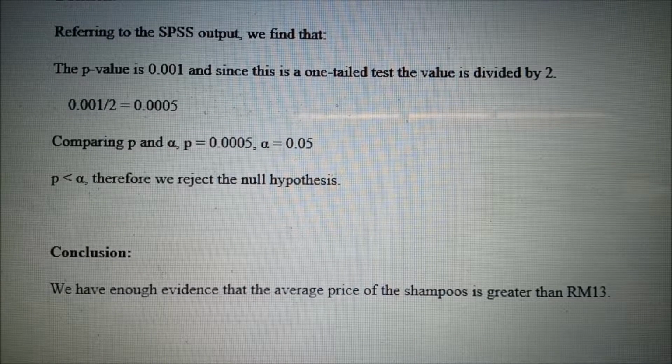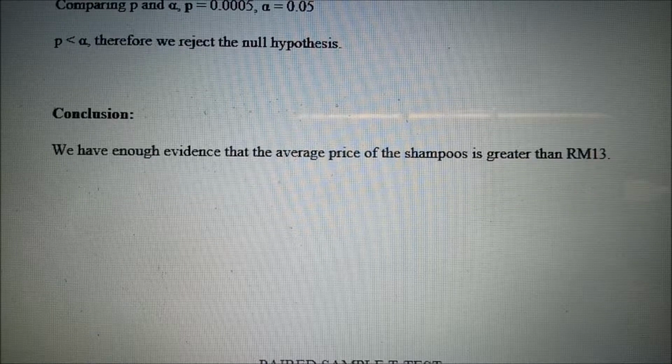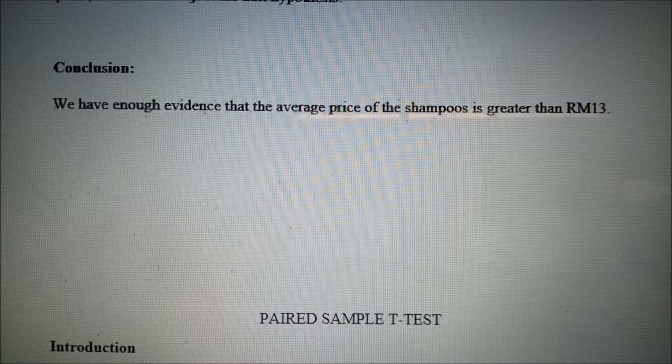Comparing p and alpha, p equals 0.0005 and alpha equals 0.05. P is lower than alpha, therefore we reject the null hypothesis. Conclusion. We have enough evidence that the average price of the shampoos is greater than RM13.